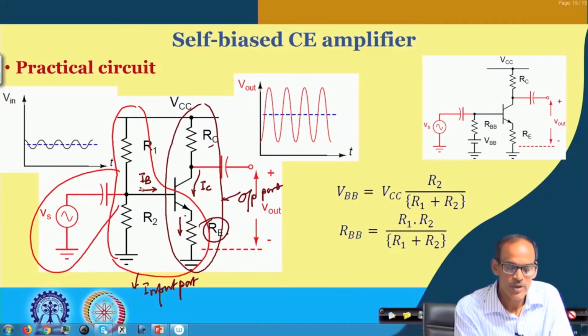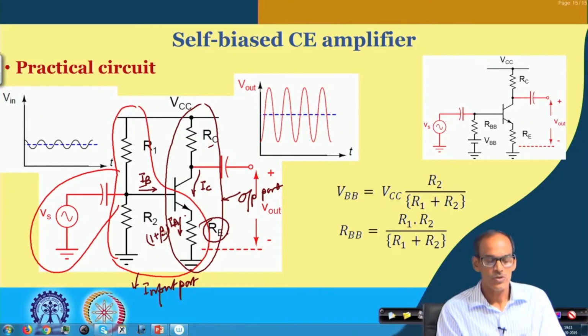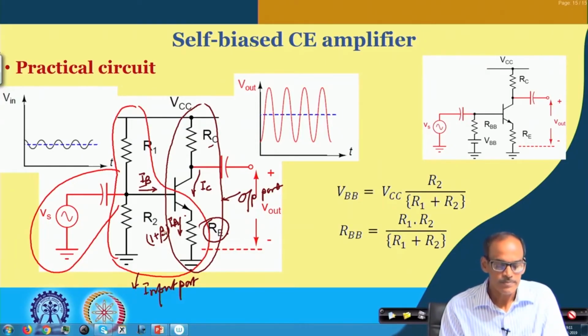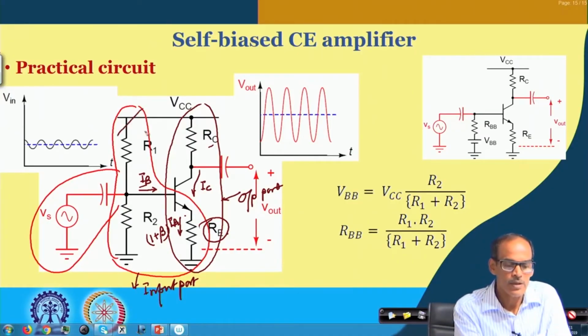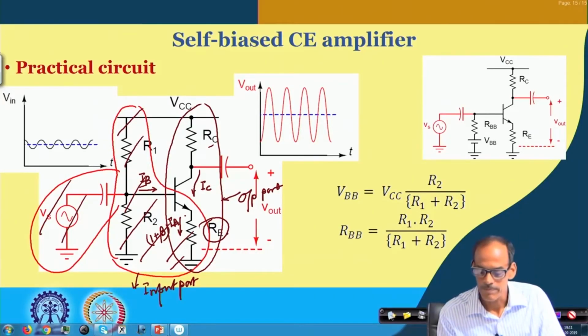So, whenever we write IB here, the current here is 1 plus beta times IB. So, that we need to be careful about, and then of course we will be talking about the small signal part. So, let us see the input port circuit that we are discussing here along with the signal part.